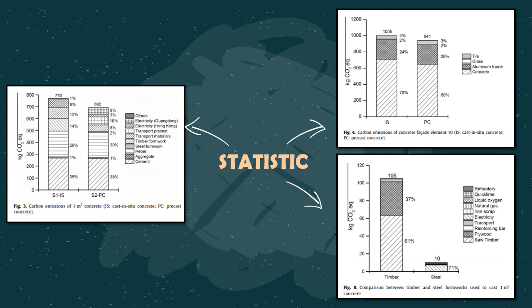One of the primary concerns of environmental impact is climate change, most likely attributed to the emission of greenhouse gases. Due to the statistics, it really proves that the precast concrete method can contribute to the reduction of carbon dioxide and global climate change.